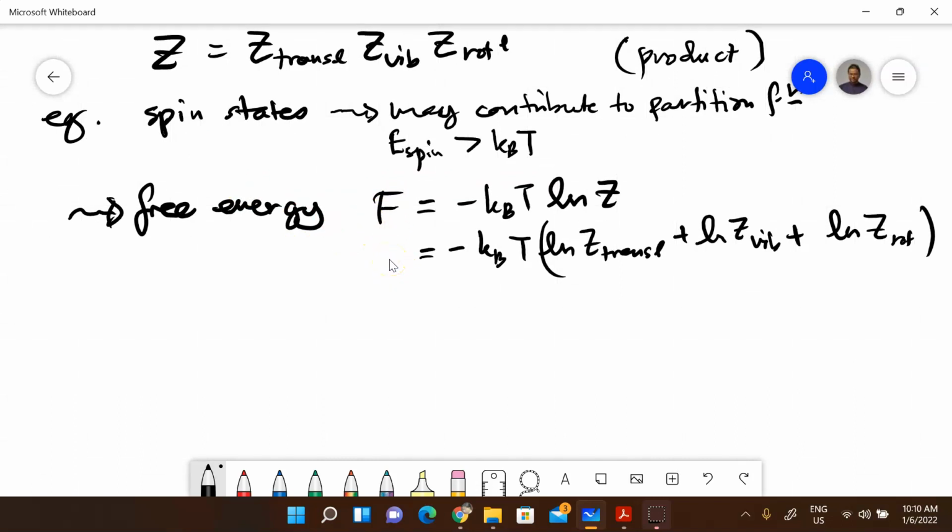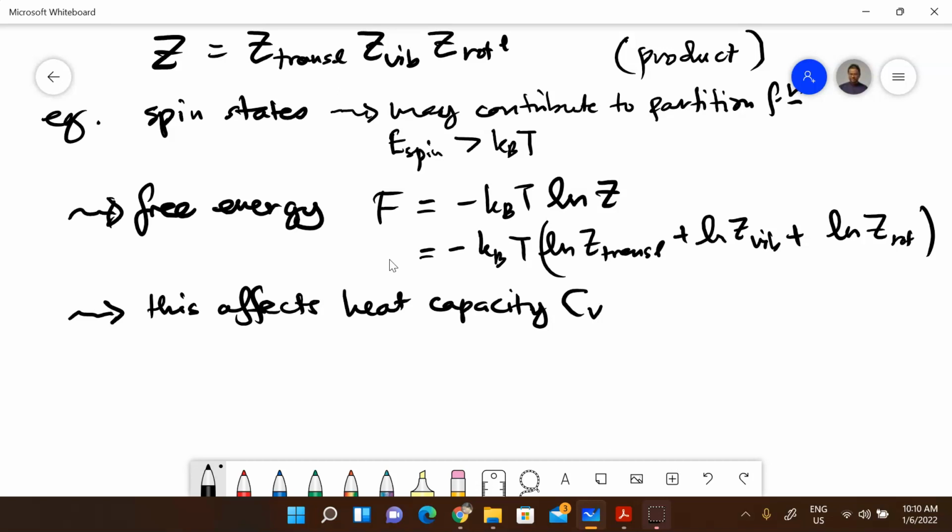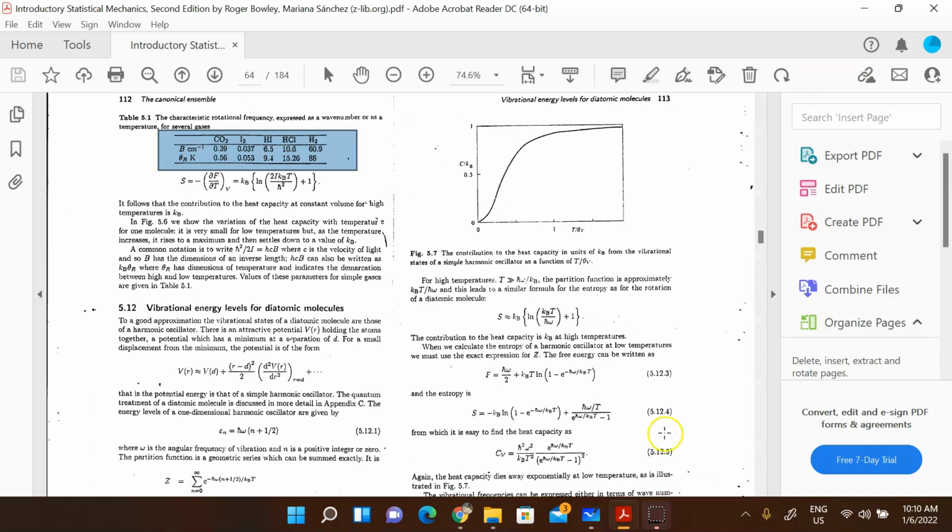So particularly one can see how this affects, say, the heat capacity, depending on whether all the contributions are coming in or not. Here I'm going to cut and paste another picture from the book.